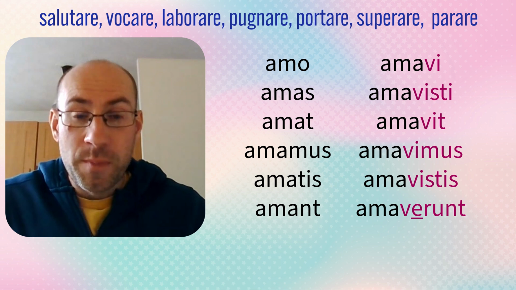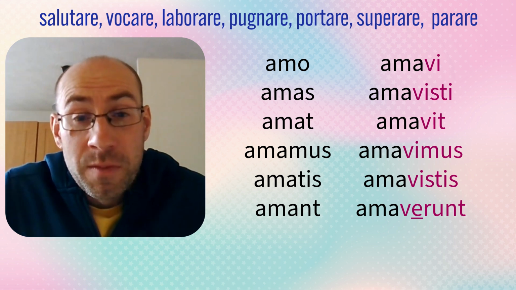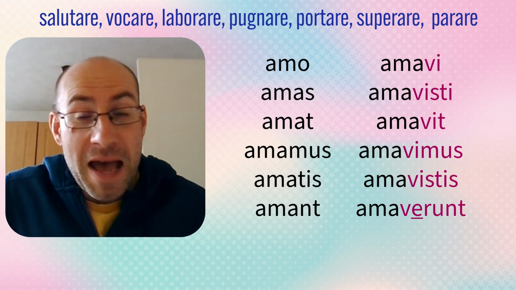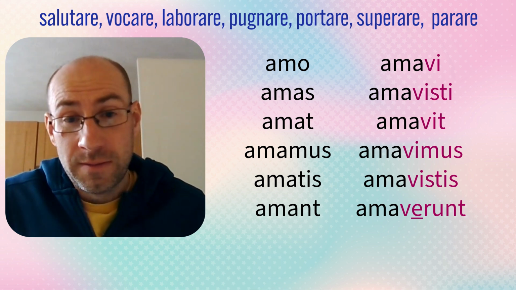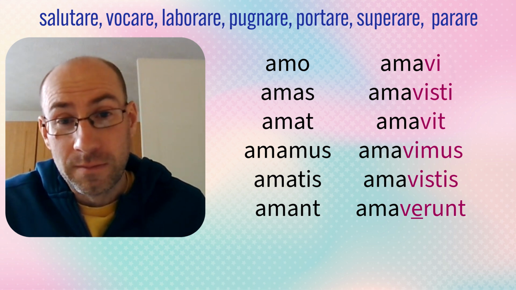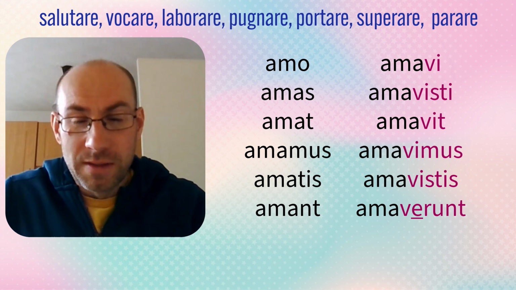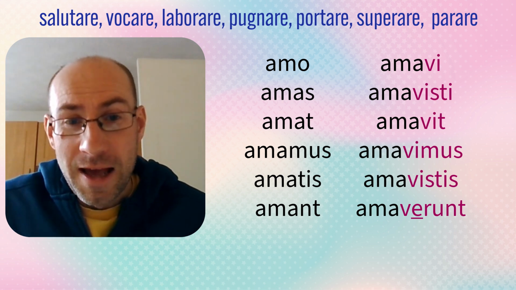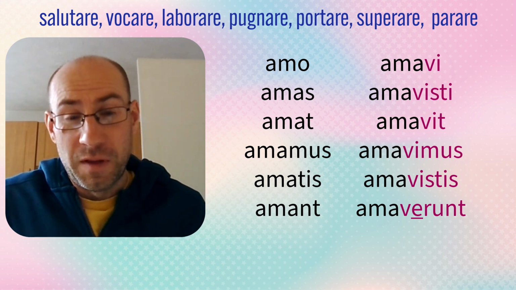Okay, so we've got the pattern. It's going to stay on the screen, so don't panic. And that's all there is to it, by the way. You don't need to add any other words. So amavi is either I loved or I have loved, depending on what you're trying to say. But just that word in Latin does it, all right? So the master greeted the friend.